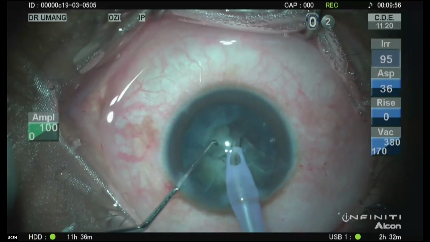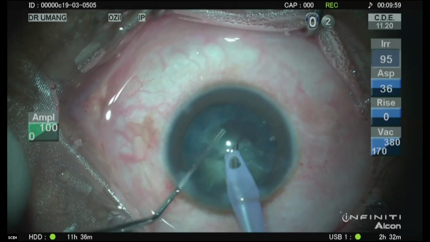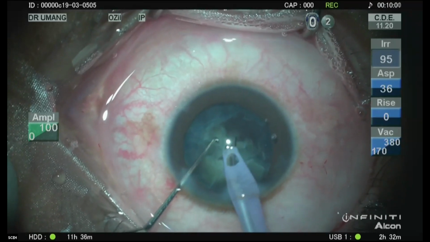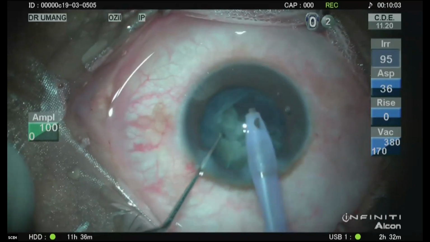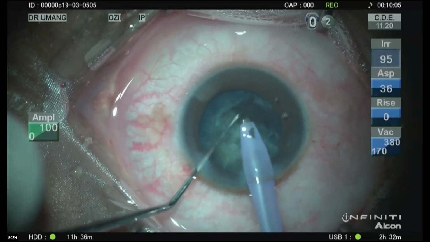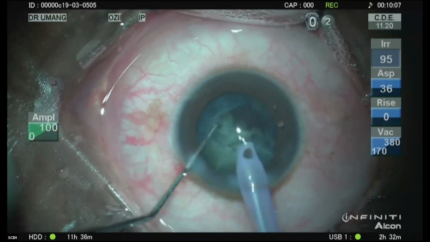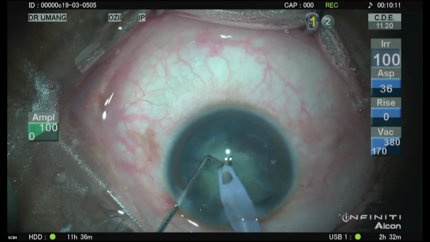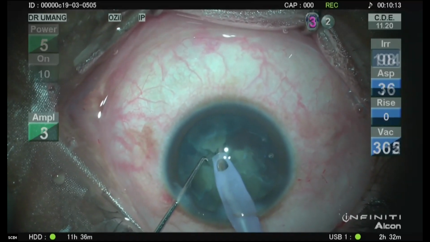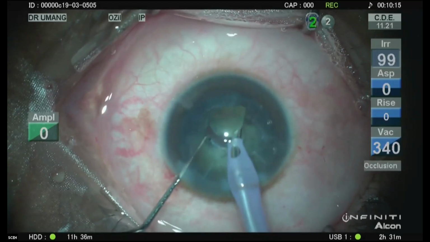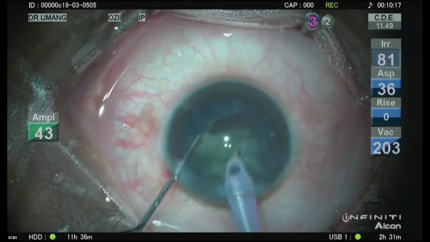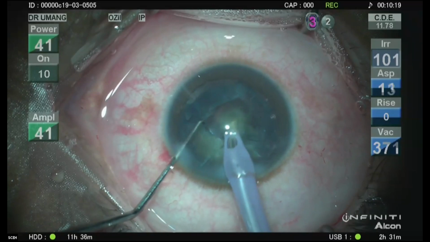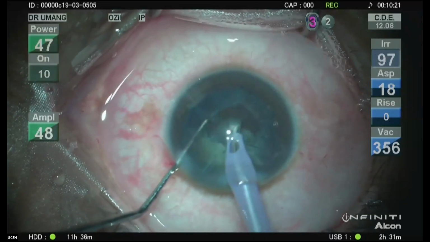And like I discussed, the best way to get occlusion is with the 45-degree tip at an angle, not like this, because this way I'll have to use a lot of phaco to enter the piece. When I go like this, I get more surface area and I don't need to penetrate too much. Here, the piece keeps coming with the help of IP.